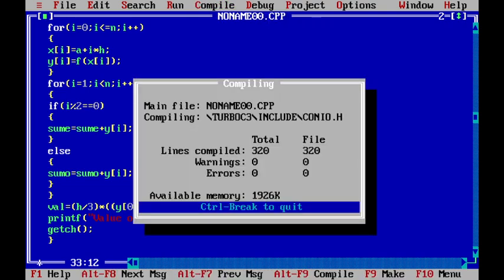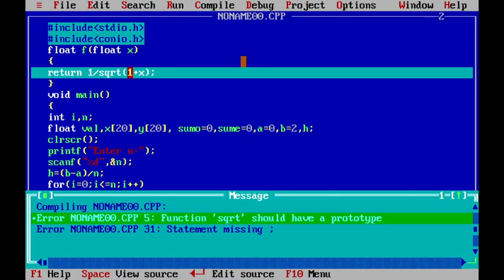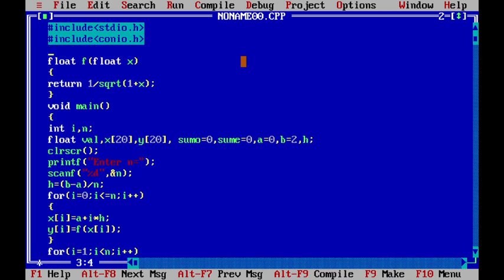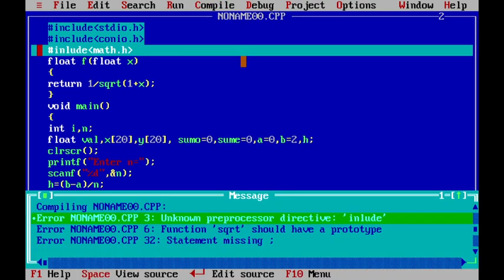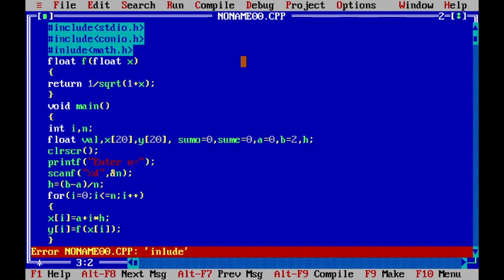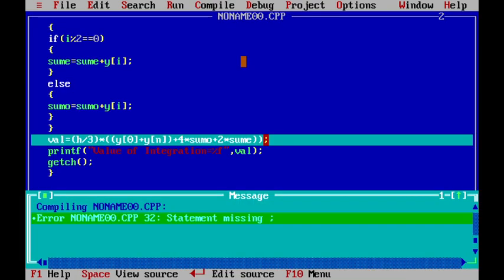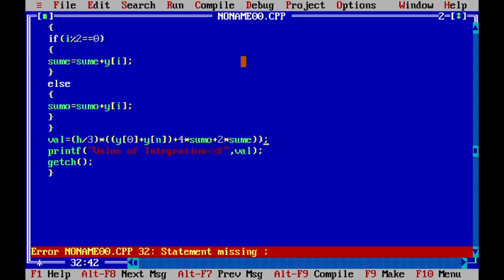Now if you compile here, two errors: square root function. This function lies in the library math.h, so we want to include this library. You compile again, one error, statement missing: h by 3, y0 plus yn.